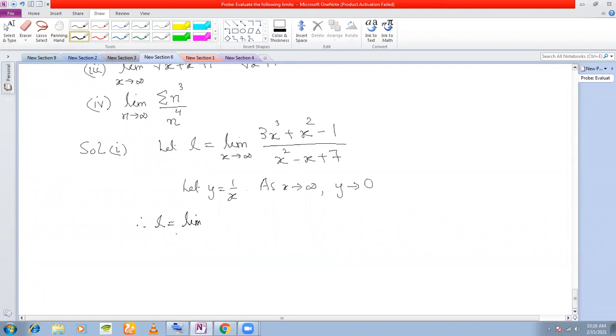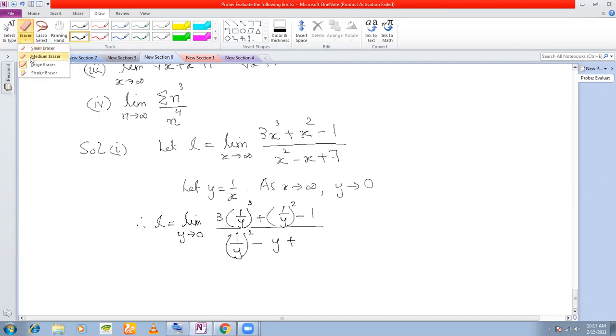Limit y tends to 0 of 3 times 1 by y cube plus 1 by y square minus 1, divided by 1 by y square minus 1 by y plus 7.